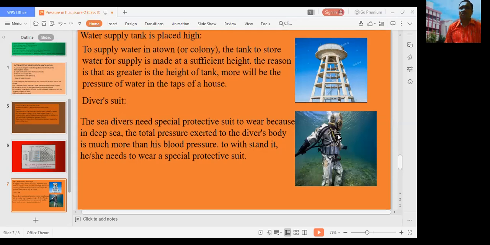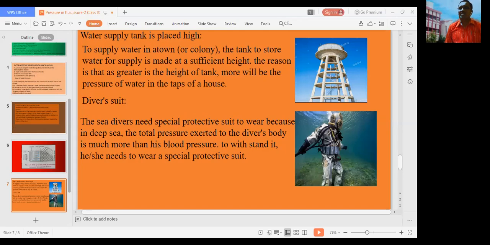Next, the diver suit. A diver, who dives in the sea, needs to wear a special protective suit, because in the deep sea the total pressure exerted on the diver's body is much more than his blood pressure can withstand.